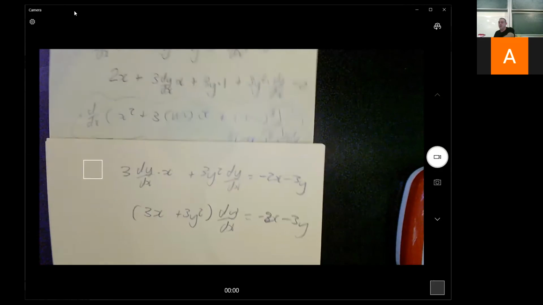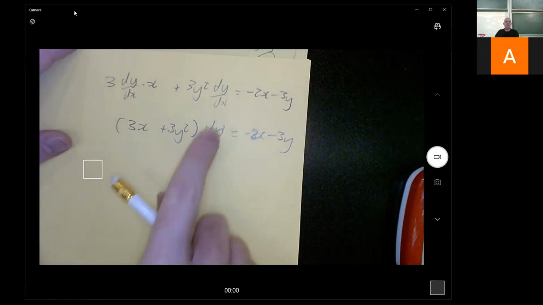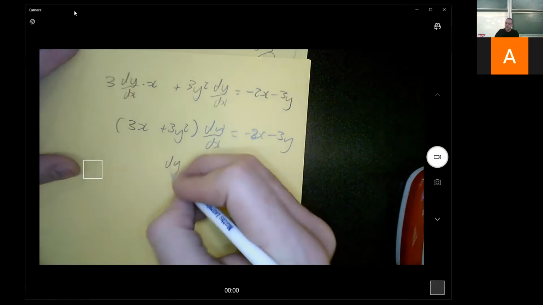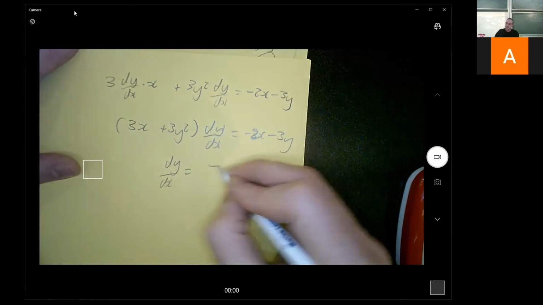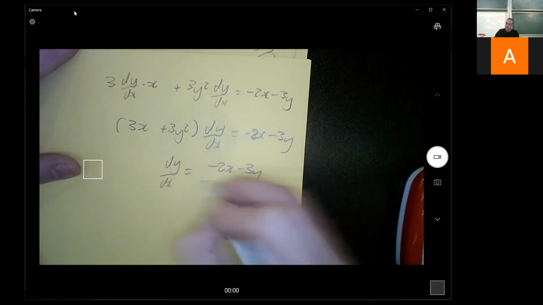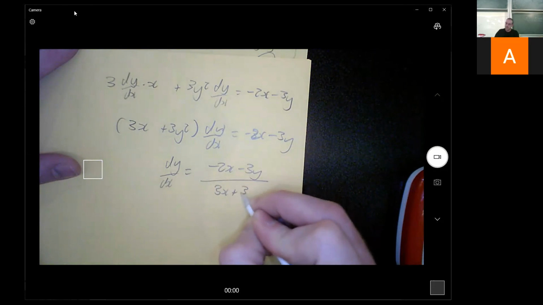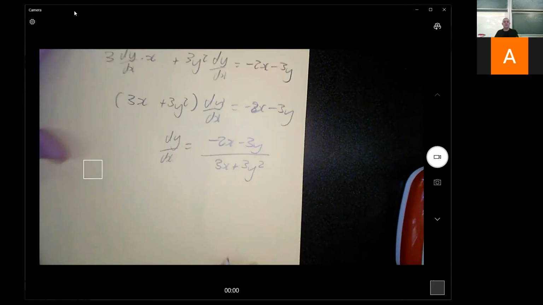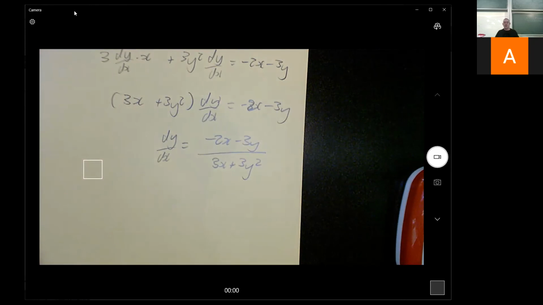And then I will divide by that now that it's just dy on dx times something. And now I have a formula for what dy on dx is.